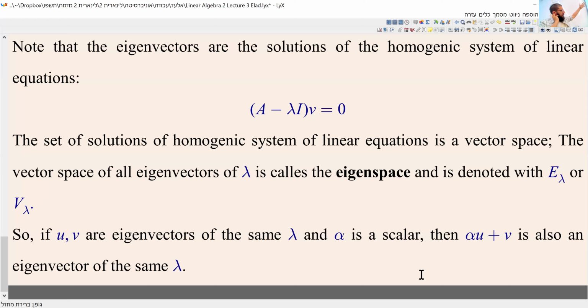One can talk about Z3 or Z5, some finite field, and there we have a finite number. But when it comes to the examples we give here and in the practices and the homework, most of the time it's R or C, and there there are infinitely many eigenvectors.